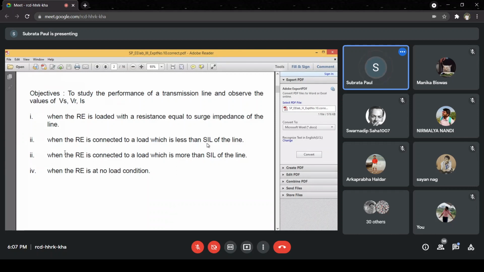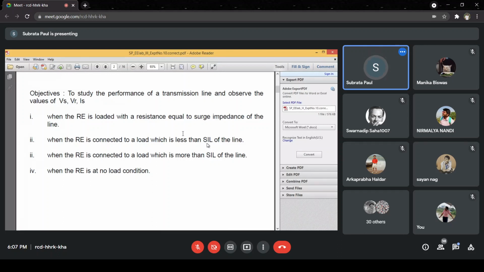We are going to find these quantities at these four conditions. First, the receiving end is loaded with a resistance equal to the surge impedance of the line. The meaning and implication of surge impedance is already known to you.